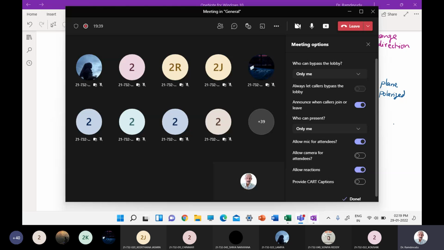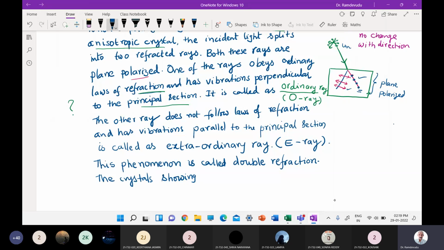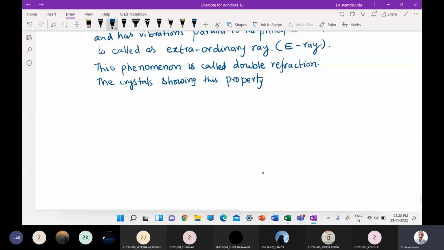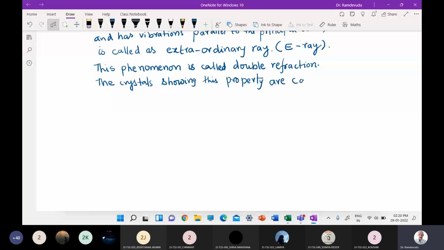This phenomenon we call double refraction, and the crystals that are showing this property we call doubly refracting crystals.